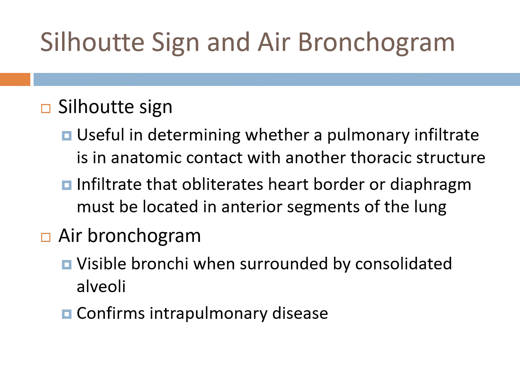If the lung tissue is in contact with the heart or diaphragm, and there's a consolidation, like a pneumonia, the contrast in the densities is lost and the borders are blurred. When it appears that way, it's called a silhouette sign.